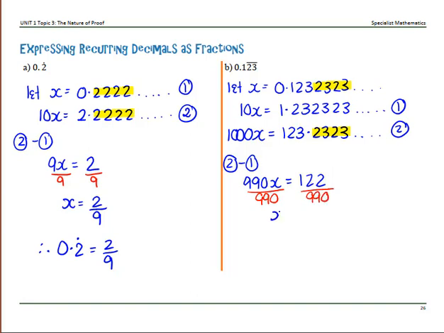So I get x equals 122 over 990, and then I need to simplify that. If I divide top and bottom by 2, I would get 61 over 495, and I can't get any lower than that. So therefore, 0.123, where the 23 is recurring, is equal to 61 over 495.